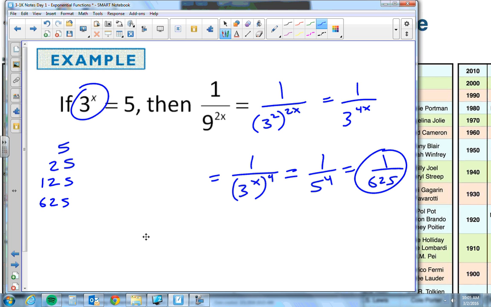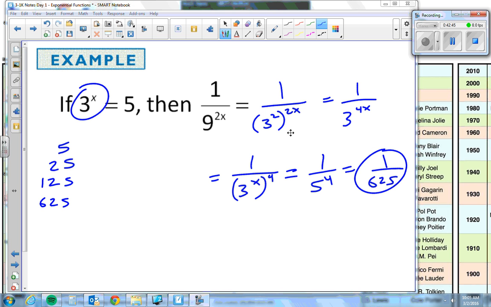If it had been like 5 to the power of 10, I would just leave 1 over 5 to the power of 10. Okay? If you don't have the calculator, just leave it. And frankly, if it's too big, even if you do have the calculator, leave it like that. I don't want to write that many digits, and frankly, I don't want to check your digits. There you go.